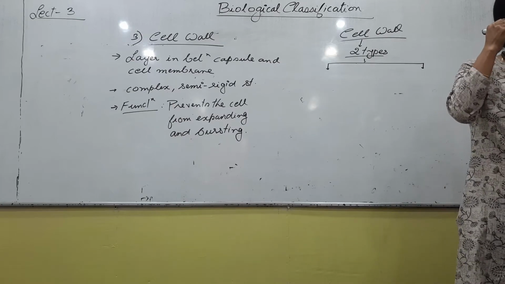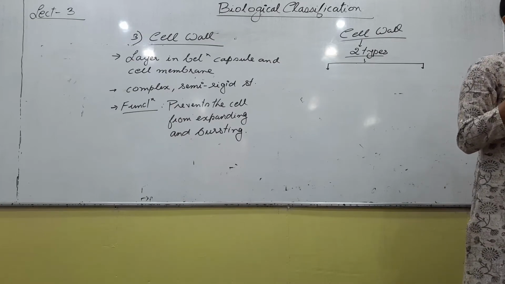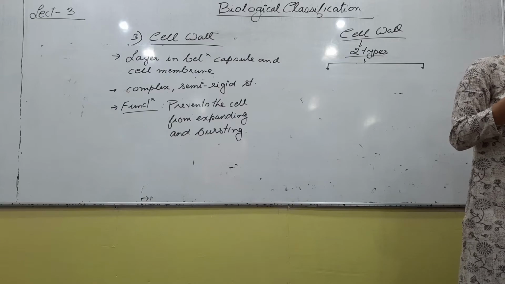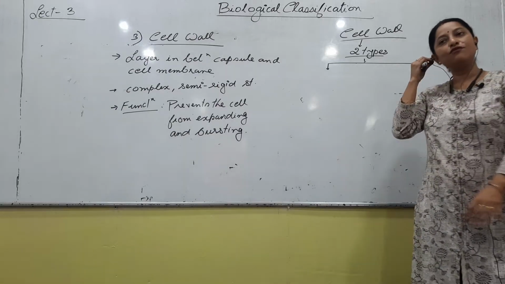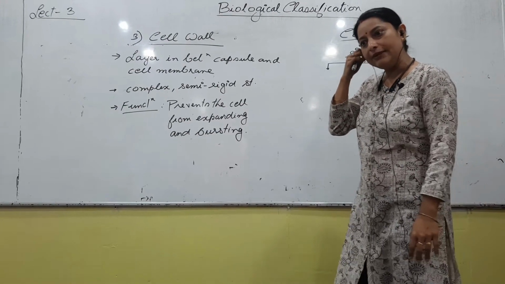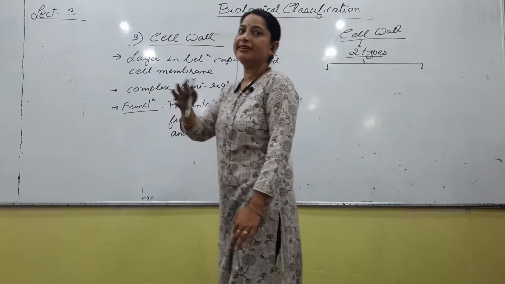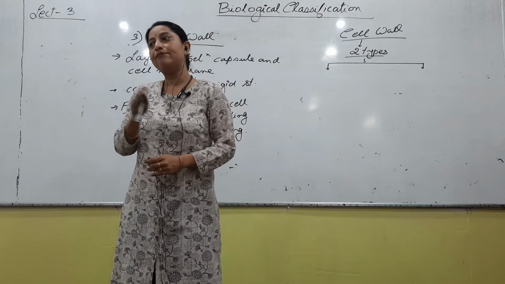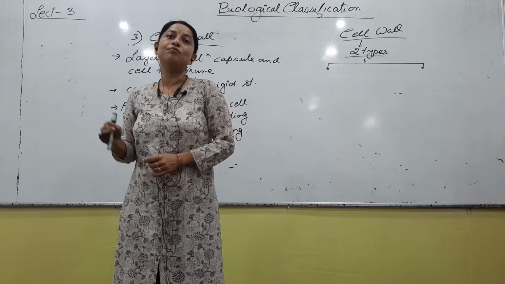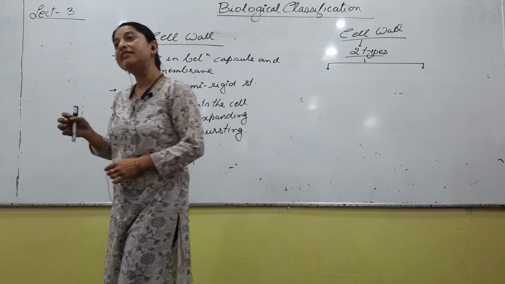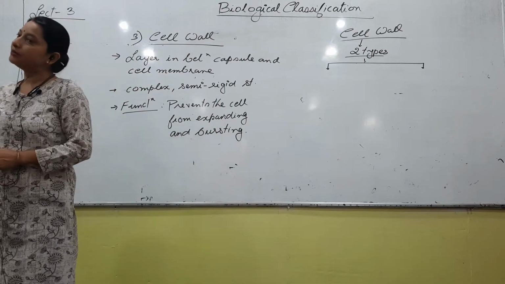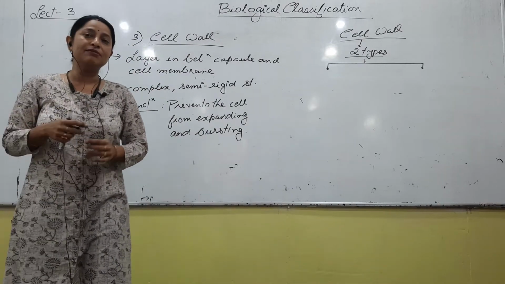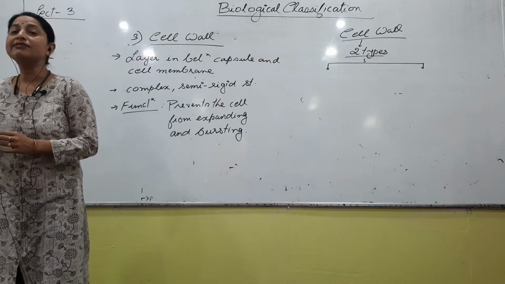Whatever you answer, I don't hear. On the basis of what has bacteria been divided into two types? Classification of bacteria has many types, but on the basis of a particular property they have been divided into either gram-positive or gram-negative. It is on the basis of staining, the gram stain.